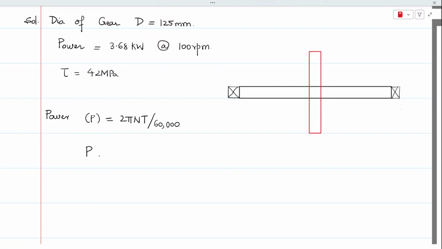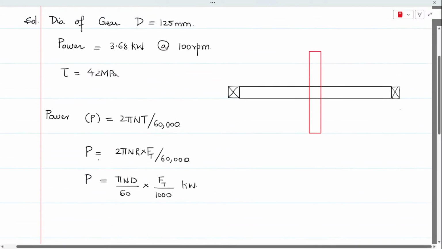Instead of writing torque, I could write 2 pi into n, and torque can be expressed as tangential force into radius, divided by 60,000. So this becomes P is equal to pi into n into 2r, that is diameter, divided by 60 into Ft by 1000. This is expressed in kilowatts.